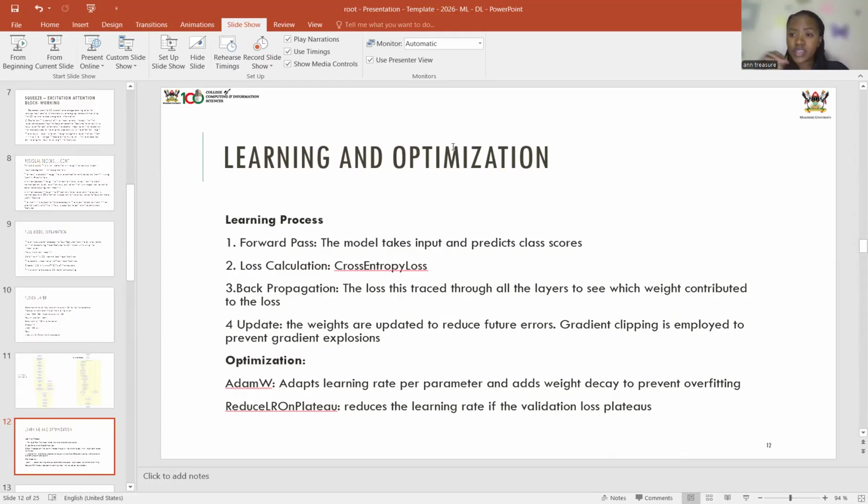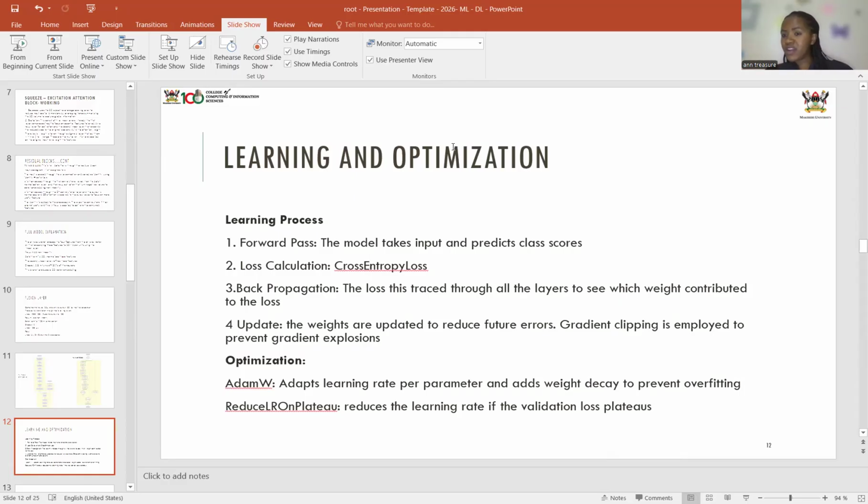We have optimization using the Adam optimizer with weight decay. When you add weight decay, it reduces the overfitting, and it adapts the learning rate per parameter. And then we have the reduce on plateau scheduler, which reduces the learning rate in case the validation error plateaus.